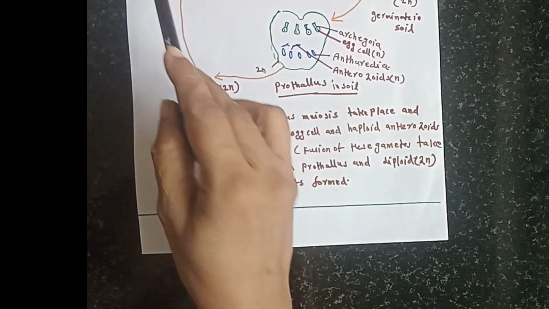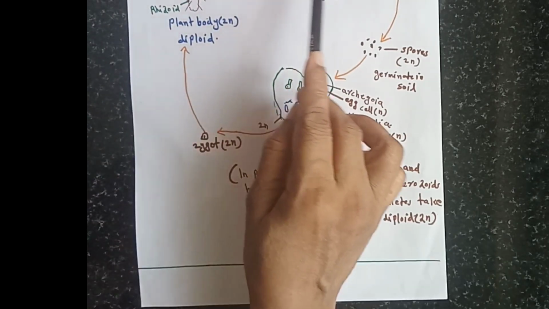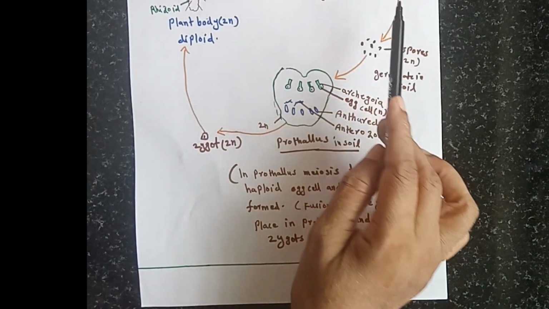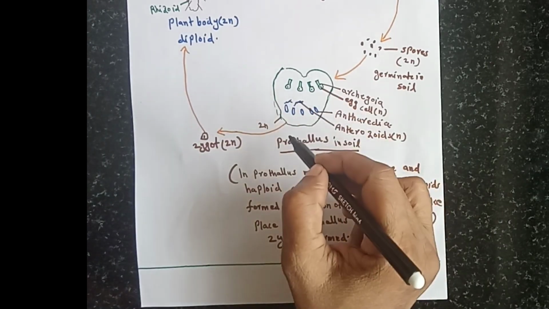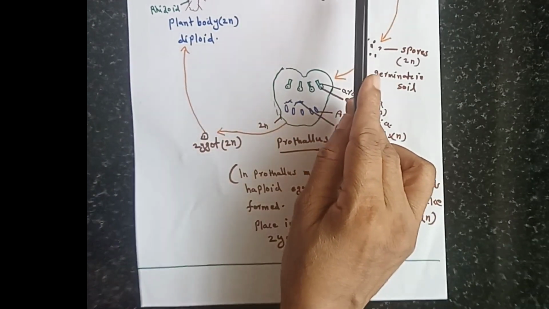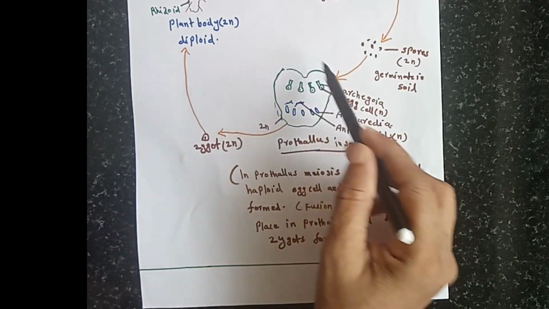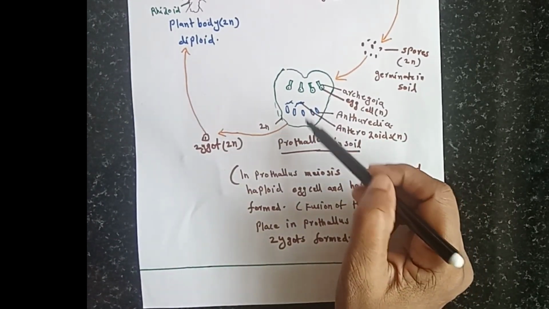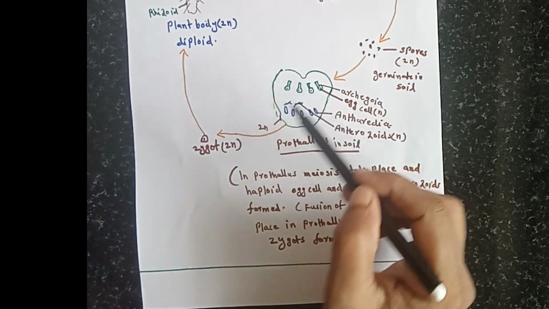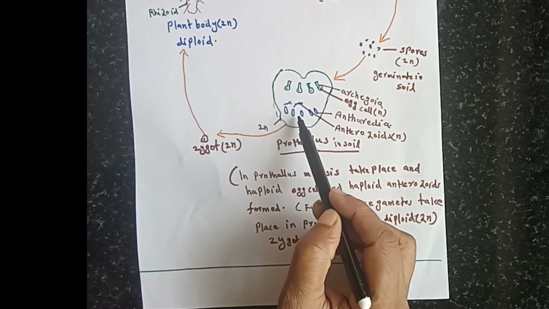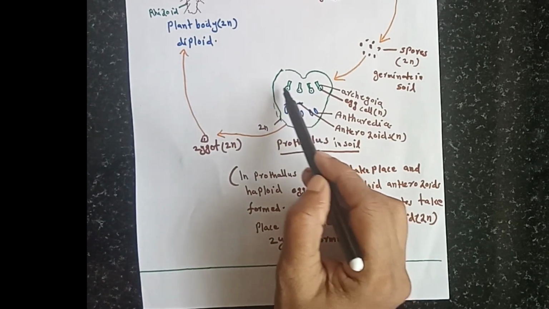The plant body is diploid. Sporangium and spores are also diploid. At first the archegonia and antheridia are also diploid. Then meiosis, or reduction division, takes place in archegonia and antheridia to produce haploid anthrozoids and haploid egg cells.